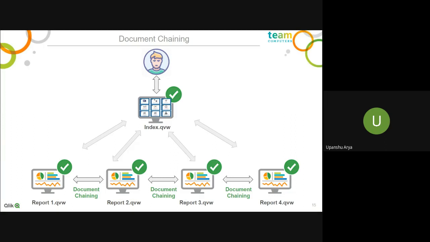I'm not clear on that point. Can you please help me out? If I do indexing, and a single user wants to open report 1 and report 2, does the user need two document CALs or only one document CAL to open the index QVW only?